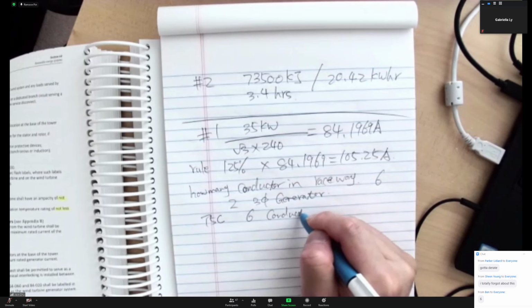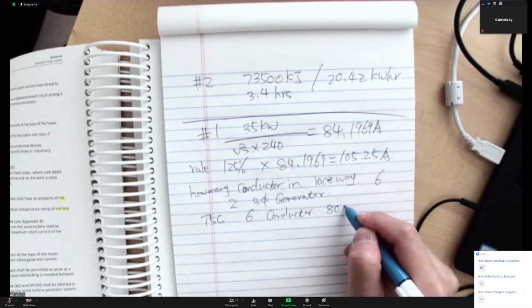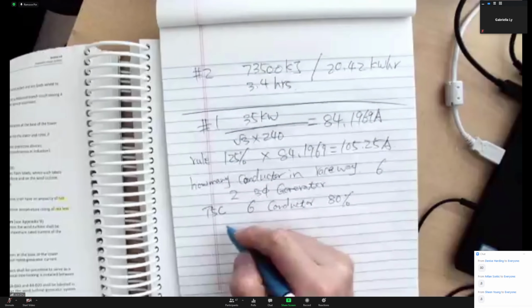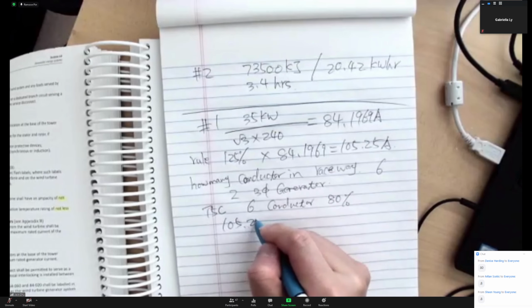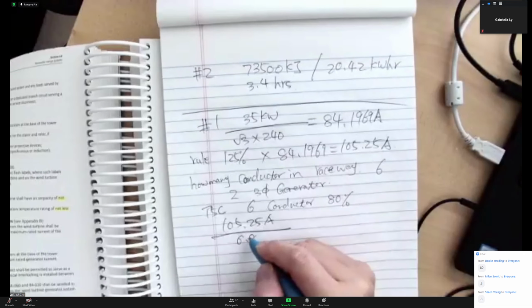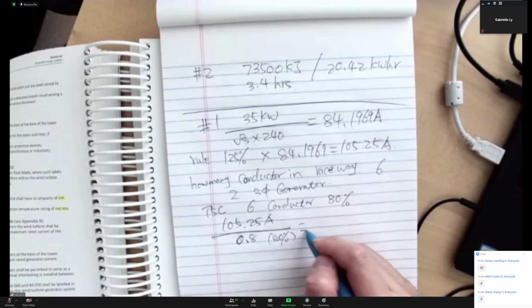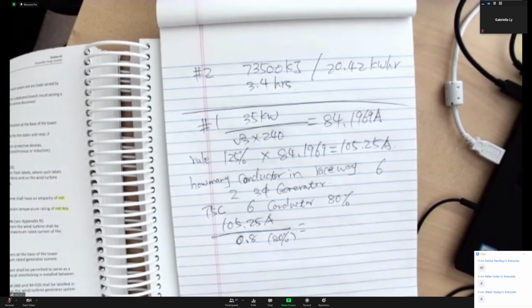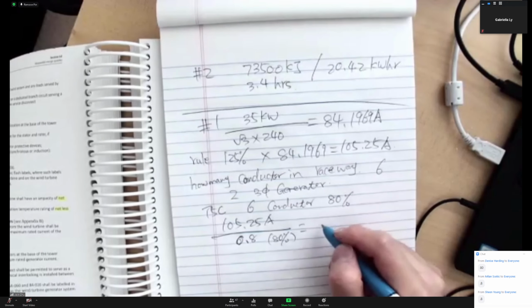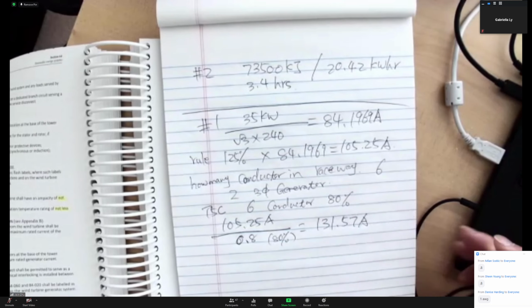What's the derating factor for 6 conductors? 80%. So 105.25 divided by 80%, or divided by 0.8, gives you 131.57 amps.